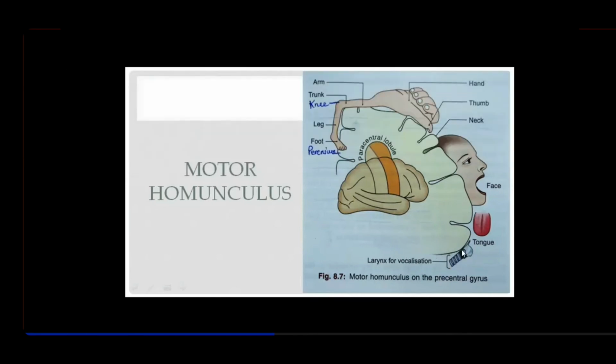Like you can see the larynx, then the tongue, pharynx, larynx, all these muscles. Then you have the head and neck region, then the upper limbs, mainly the hand, then the arm, trunk, and reaching to the knee. So the knee, you can see, is reaching up to the superomedial border.